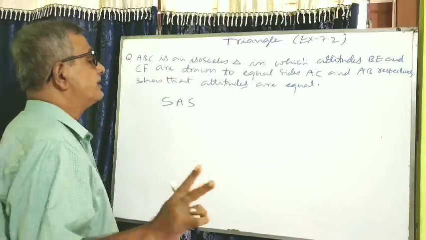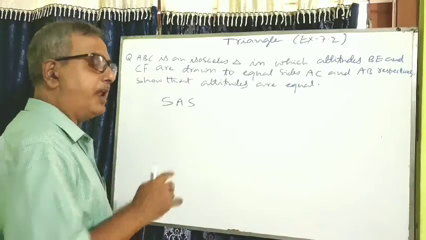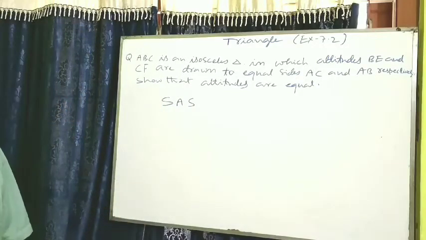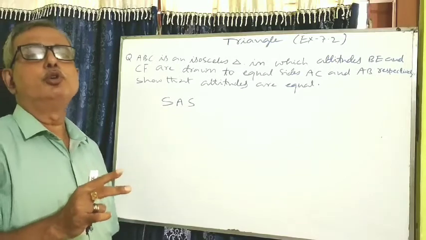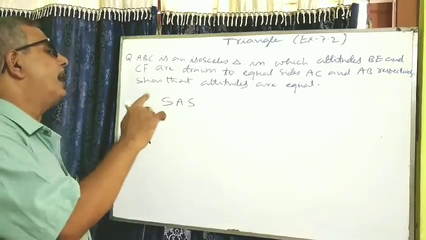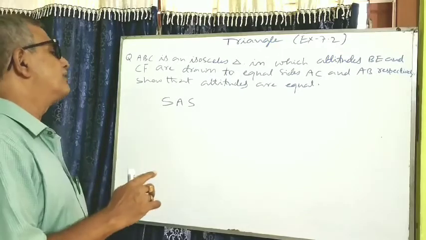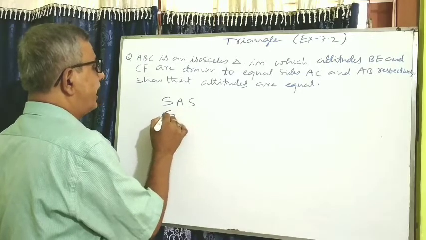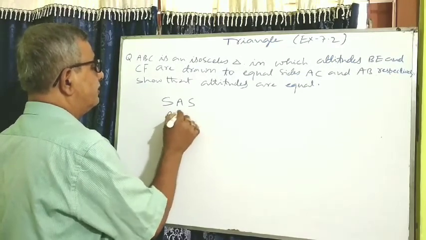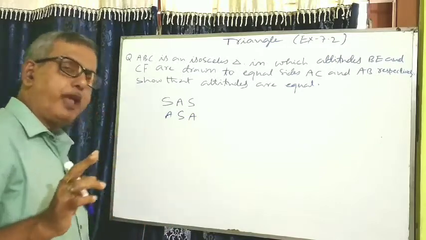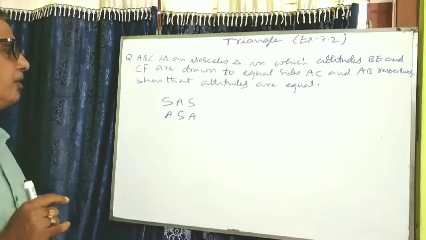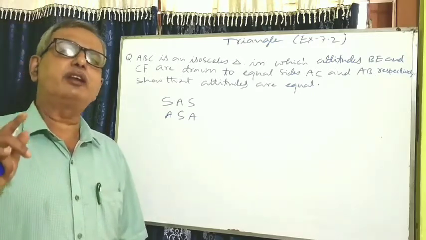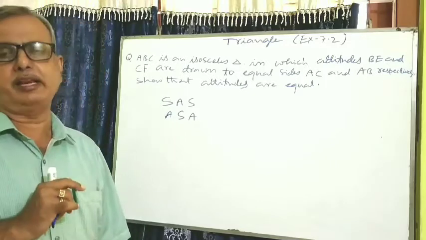In two triangles, if two sides and the included angle of one triangle are equal to two sides and the included angle of the other triangle, then both triangles will be called congruent. Second is angle side angle. Any two angles and the included side of one triangle are equal to two angles and the included side of the other triangle, then also the two triangles are congruent.